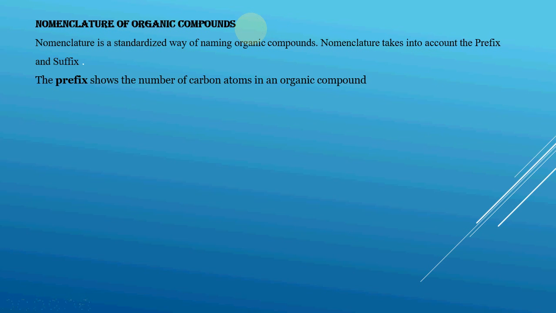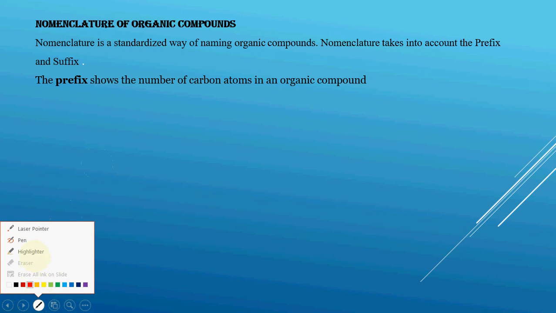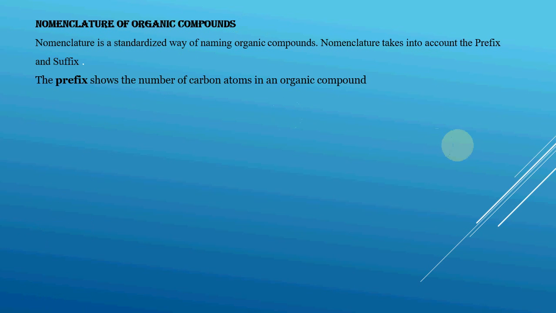And this nomenclature takes into account two important things, that is the prefix and the suffix. So the prefix and the suffix is what is always taken into account every time we're trying to name an organic compound.